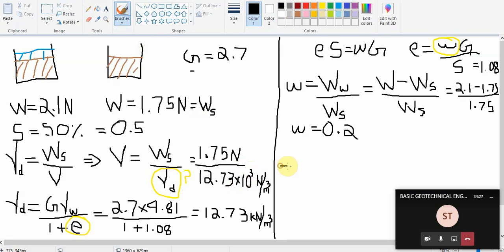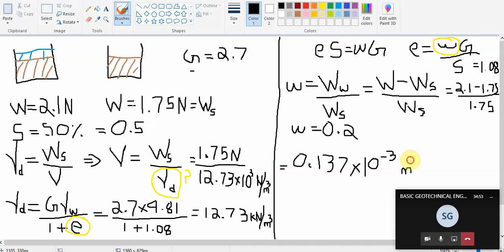So what is my answer? 0.137 into 10 raised to minus 3 meter cube.